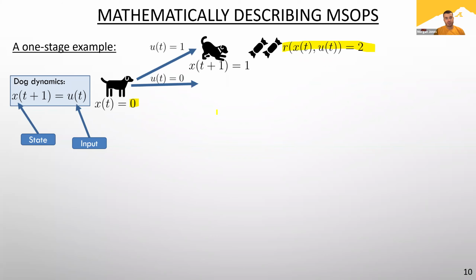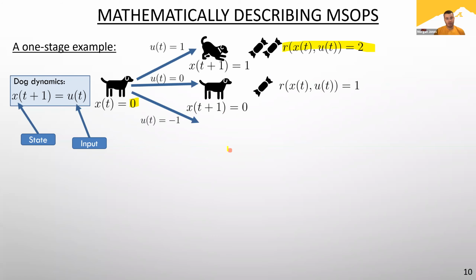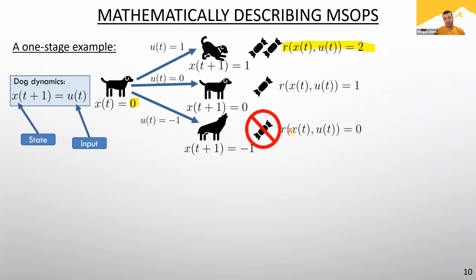If the dog chooses to use an input of 0, then the dog remains at state 0 and receives a 1 sweet reward. If the dog chooses to use an input of -1, then according to the state dynamics, the dog moves to a state -1, which is the dog misbehaving, and receives no sweets.